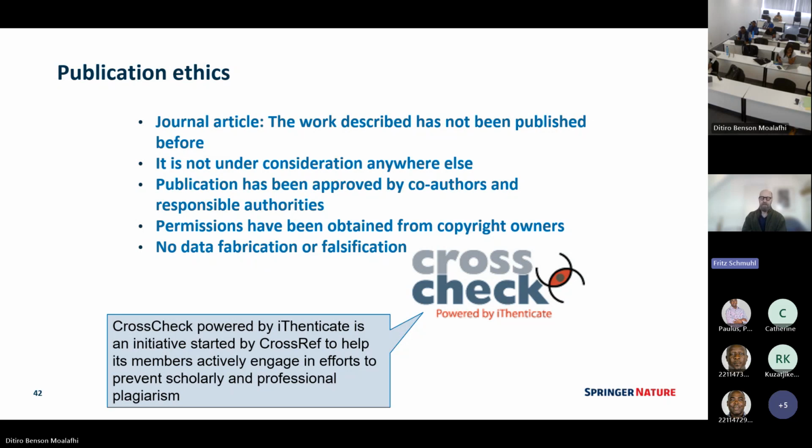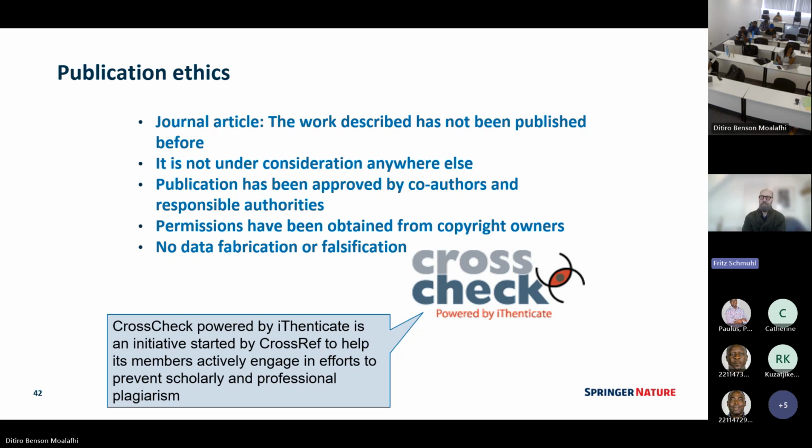The corresponding author submitting the article also confirms that it has been approved for submission by all the co-authors, and importantly by the responsible authorities. In many cases, when you work with human subjects or with animals, you have a requirement to get ethical approval from your university, from funders. In this case, you also indicate that responsible authorities have approved the publication.